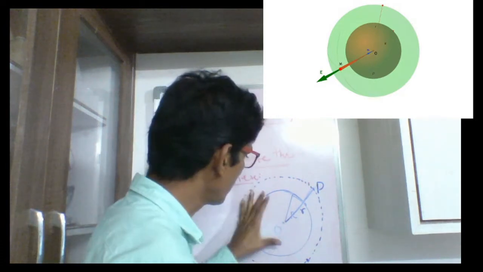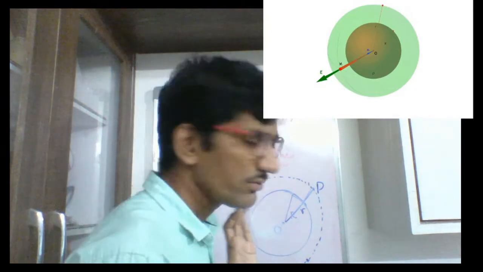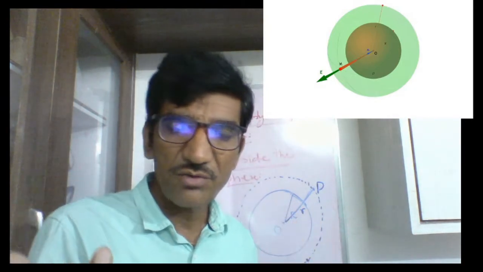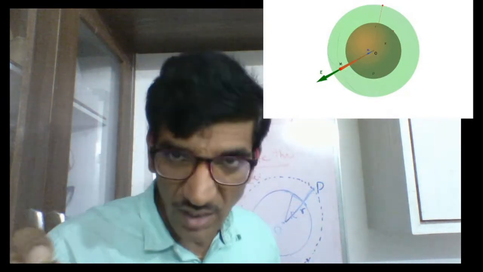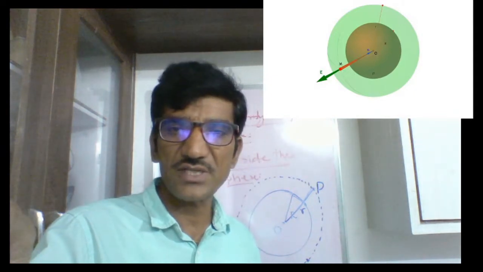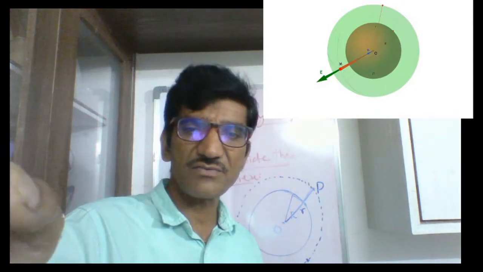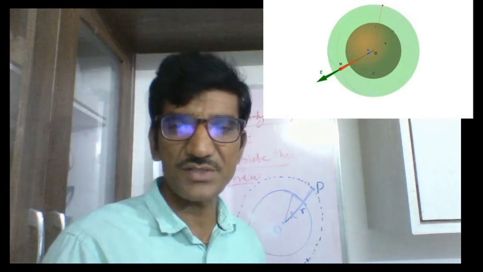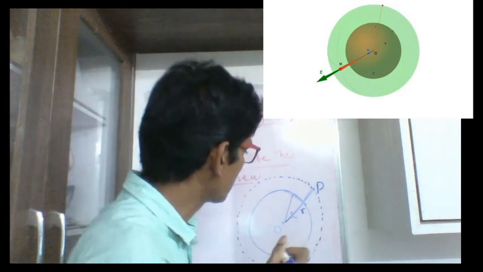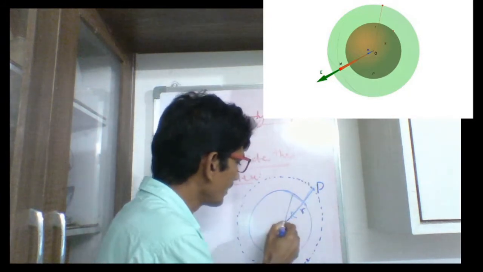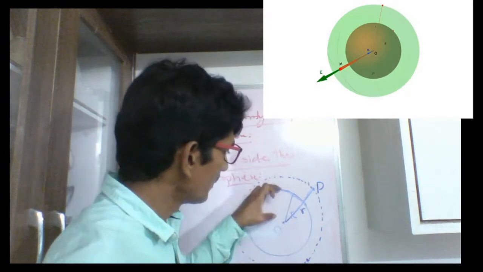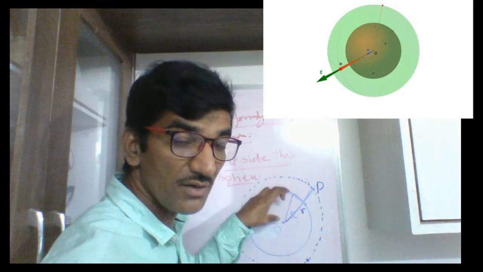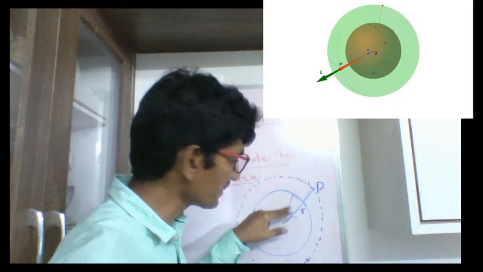In this slide you may consider the internal sphere as the original sphere, and the surface of the outer sphere as the Gaussian surface. The radius of the solid sphere is capital R here.